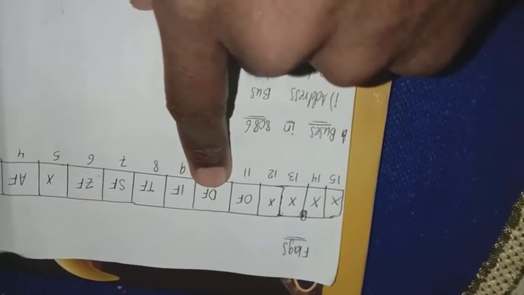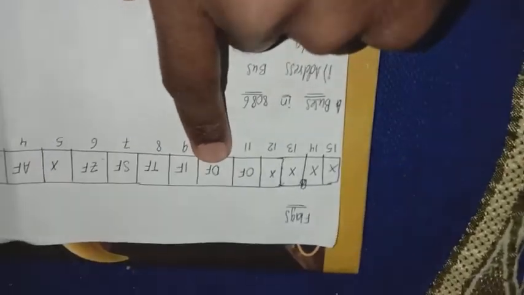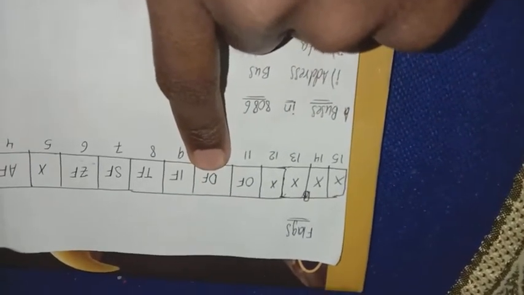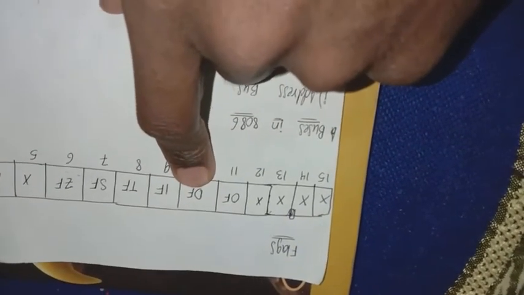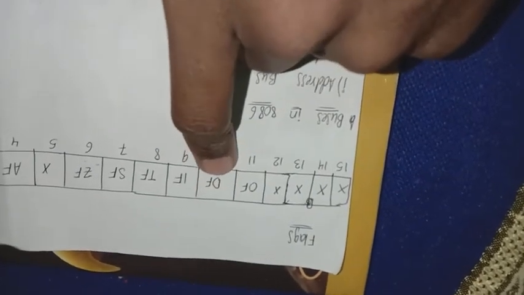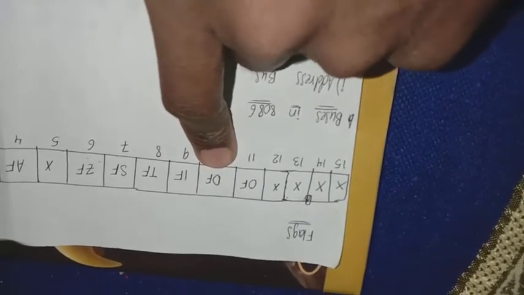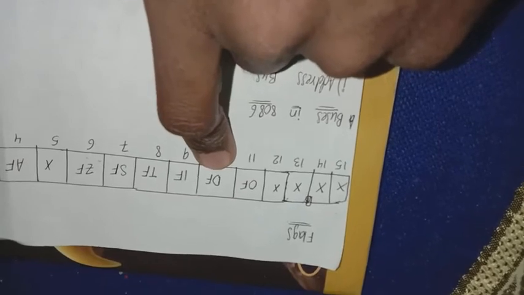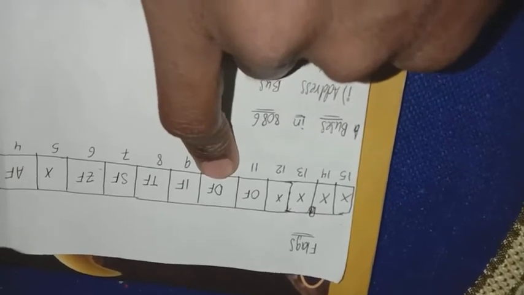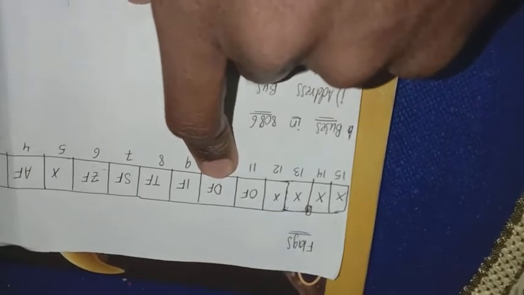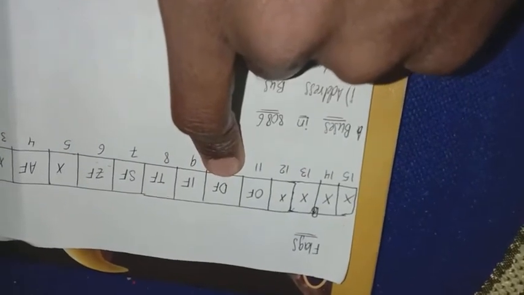When this DF is set, that is 1, then it increments from lower order to higher order the data. And when it is reset, that is 0, it takes the data from higher order to lower order.